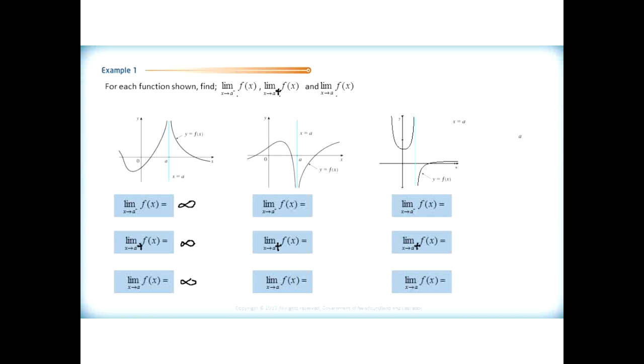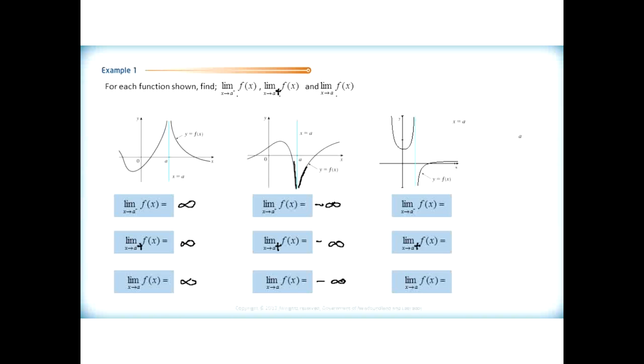For the next one, whichever side we come from, from the left going downward to negative infinity as we get close to a, and from the right going downward to negative infinity as we get close to a. So the limit as x approaches a from the left is negative infinity, and it's the same thing from the right. So overall, we have a limit of negative infinity.